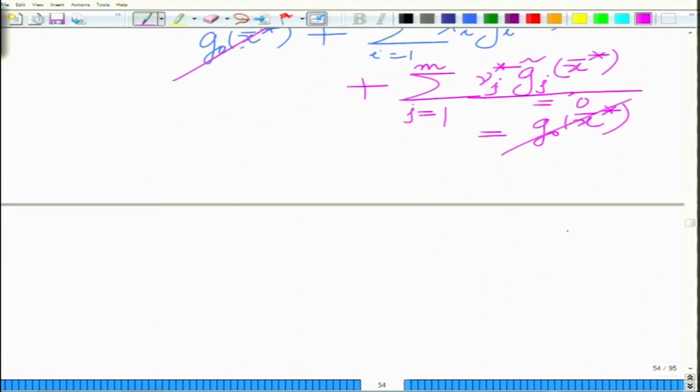So, the only remaining term, summation i equals 1 to l lambda i g i x bar, is equal to 0.